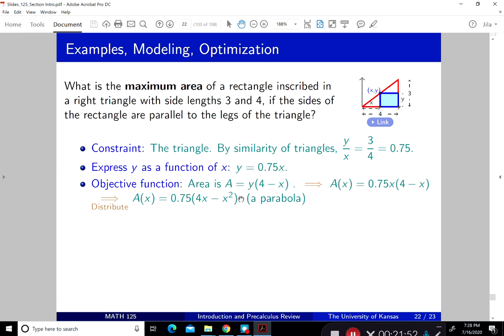Therefore, the parabola has a maximum at its vertex. Find the vertex, and find the domain and make sure that the parabola is achieving its maximum within the domain. By the way, the domain is between 0 and 4, because the smallest x can be is 0, the largest that it can be is 4, and that's when the area is going to be 0.